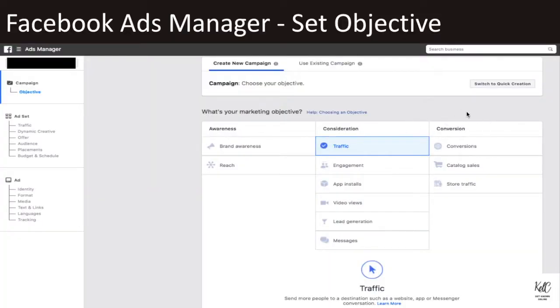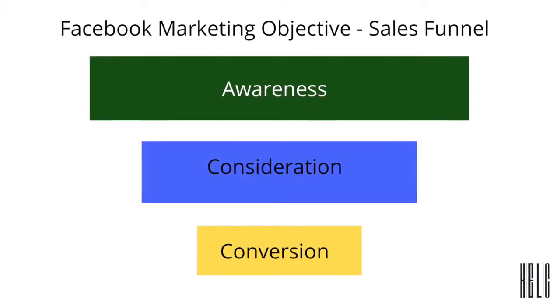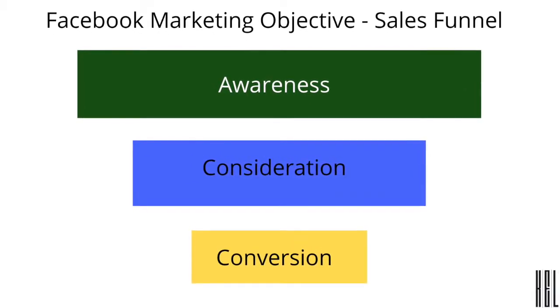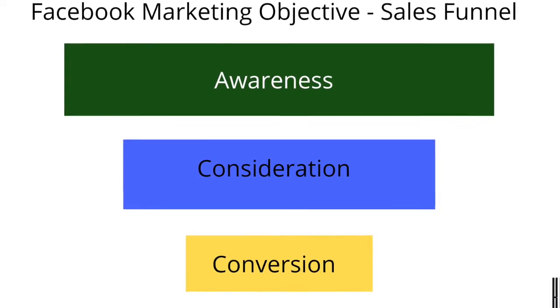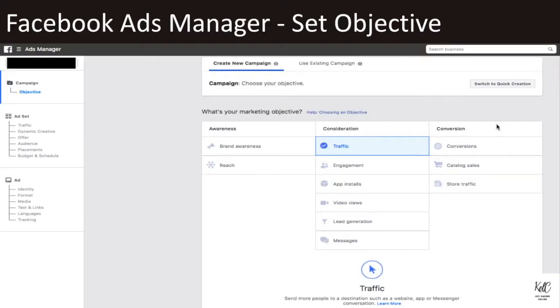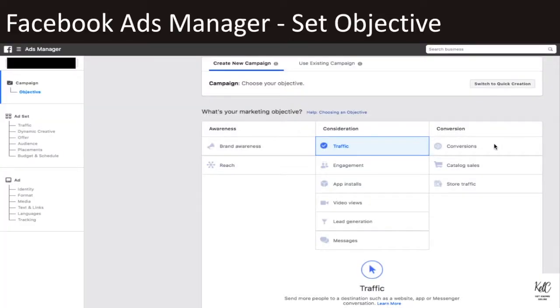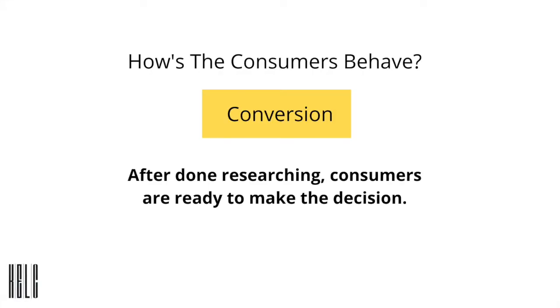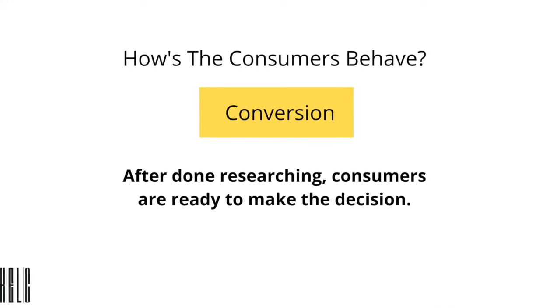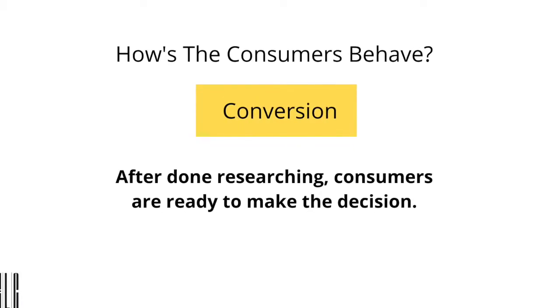And then the next one will be conversions. What kind of segmentation is there in conversions? If you start any campaign under conversion, it means you are asking Facebook, can you help me find those people who are ready to take action? Either they sign up for events, or they are ready to register, or they sign up for leads.